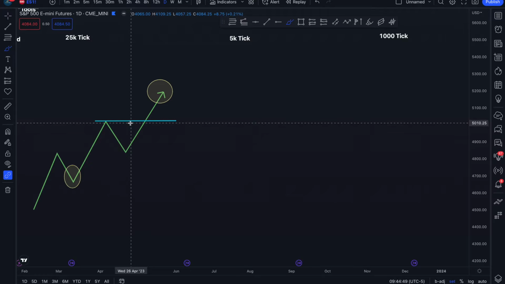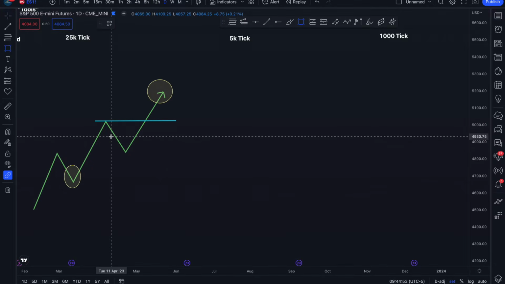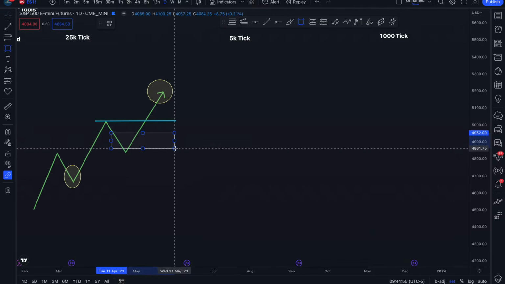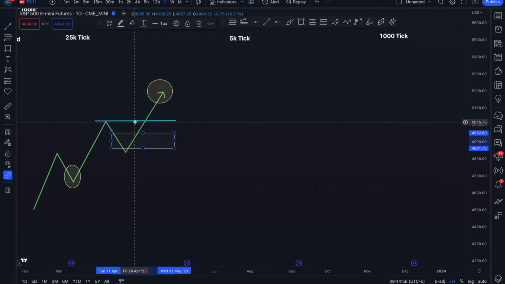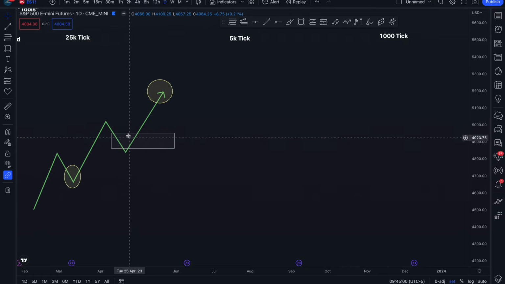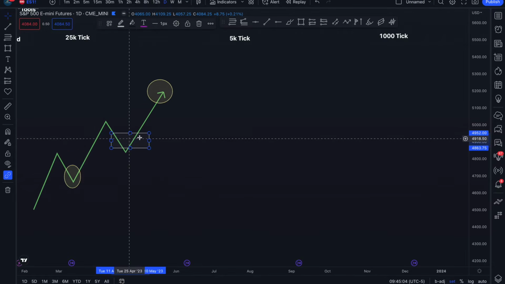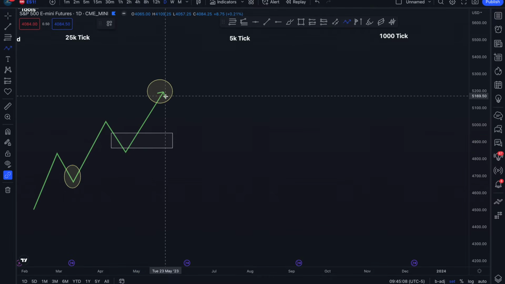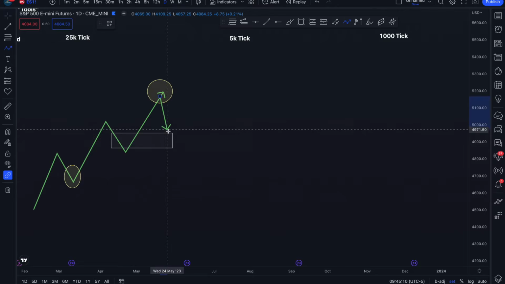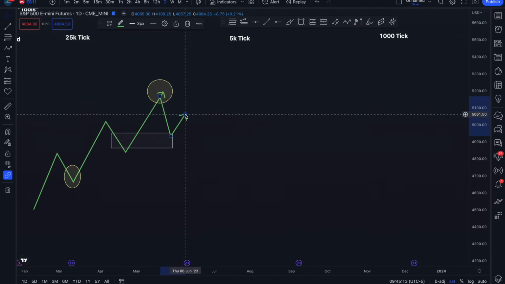Now, once I do that, let's just say that I've now got this area, and let's just say it's right in here, that I say, hey, I think this is my area where I expect price to come back and do something like this, okay?